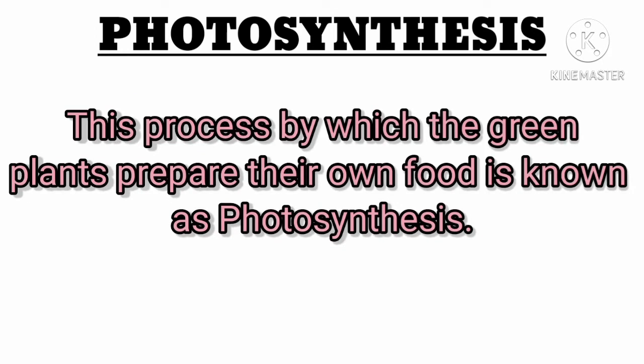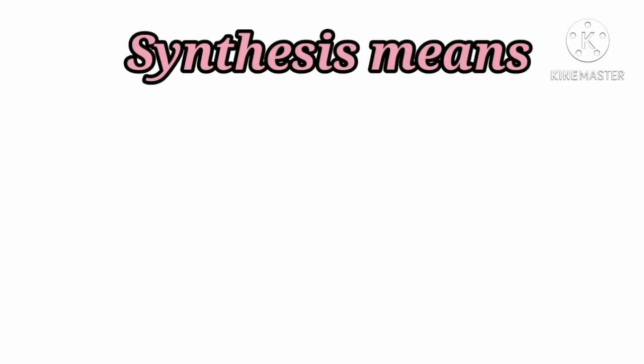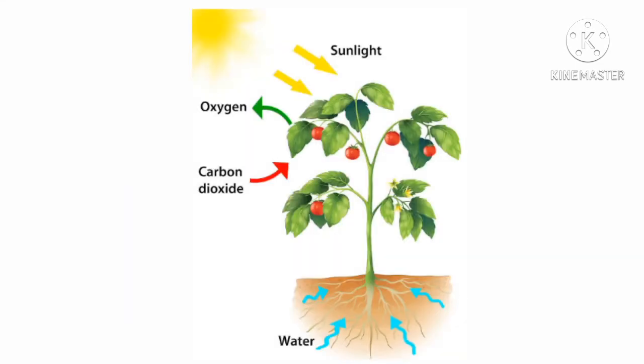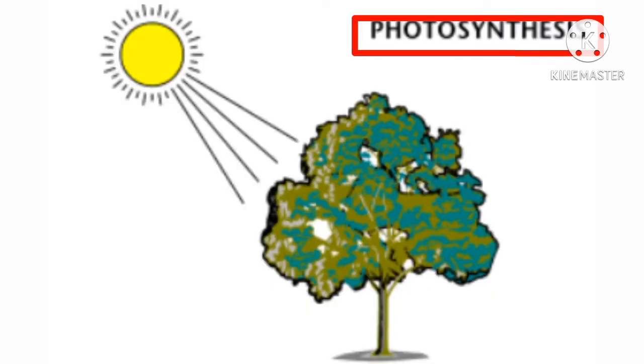This process by which the green plants prepare their own food is known as photosynthesis. Children, here the word photo means light. Synthesis means production. And here plants prepare their food in the presence of sunlight. So, this process is known as photosynthesis.